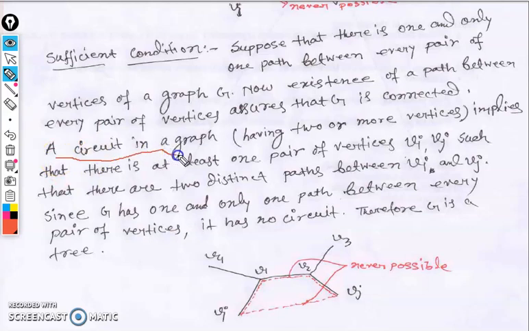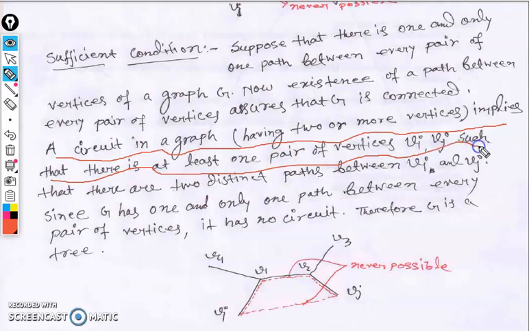If the graph is connected but still it's not a tree, that means it must have a circuit. If it has a circuit, it represents that any two of all the vertices must have more than one path, which contradicts our assumption that there is only one path.